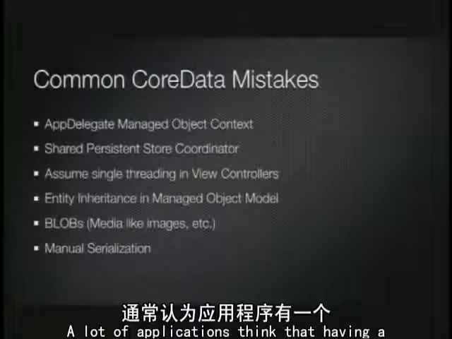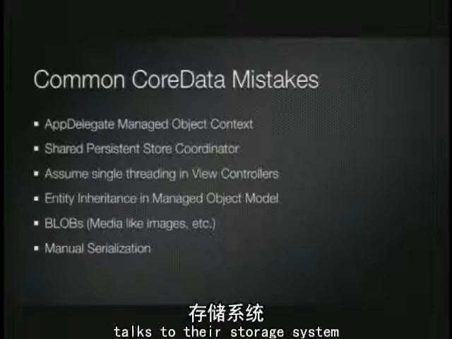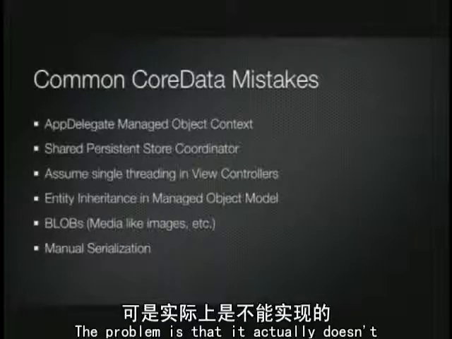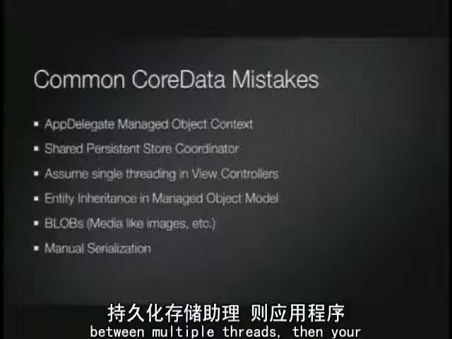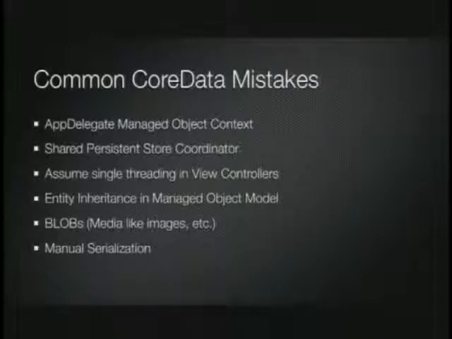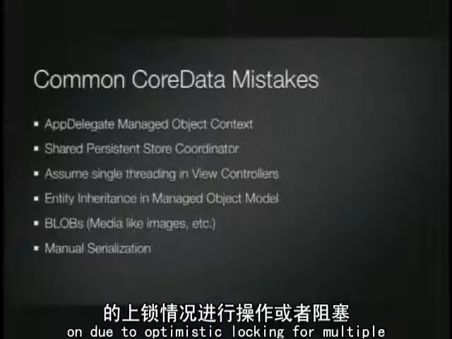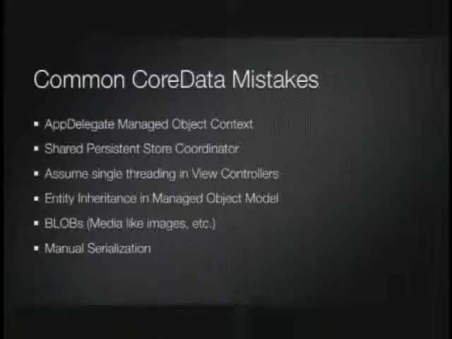A lot of applications think that having a shared persistent store coordinator that talks to their storage system gives them concurrency. The problem is that it actually doesn't. If you share a persistent store coordinator between multiple threads, then your application isn't concurrent. The store will be operated on and blocked on due to optimistic locking for multiple threads at the same time, while other threads are waiting for operations to happen.